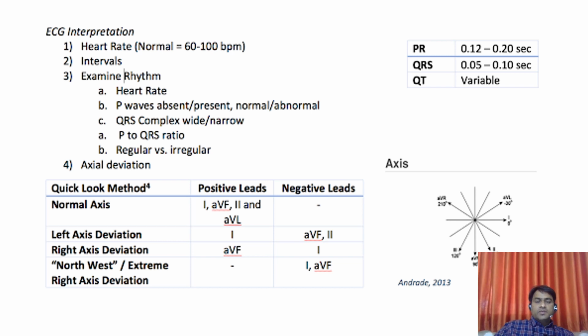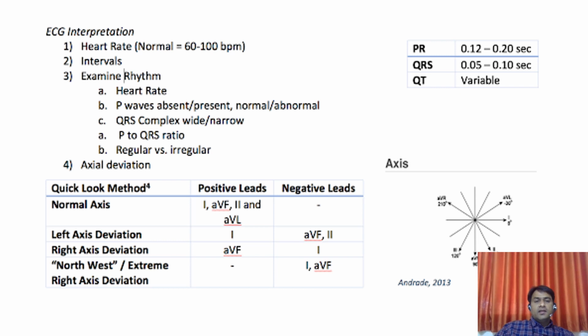So when you see the ECG, it is a 12 lead ECG. How to interpret: the heart rate, then intervals. Your PR interval should be between 0.12 to 0.20 seconds. Then QT interval, it is 0.28 to 0.42 seconds. QRS complex, up to 0.12 seconds.